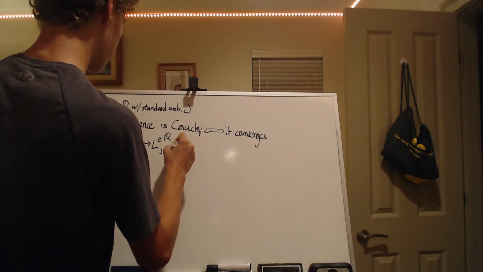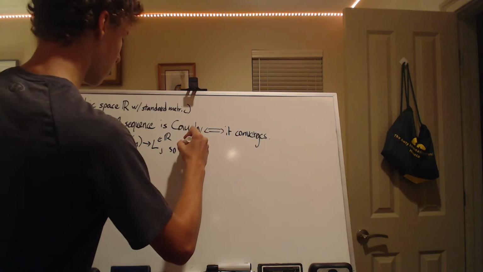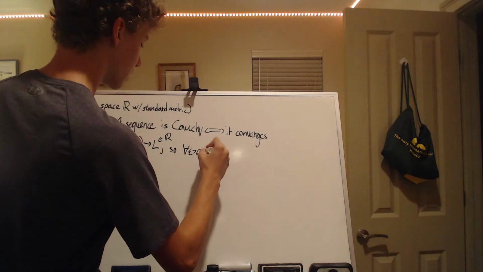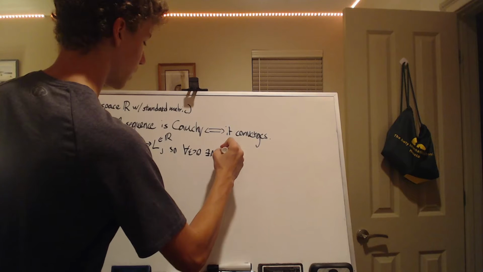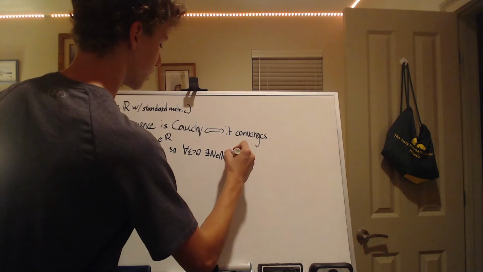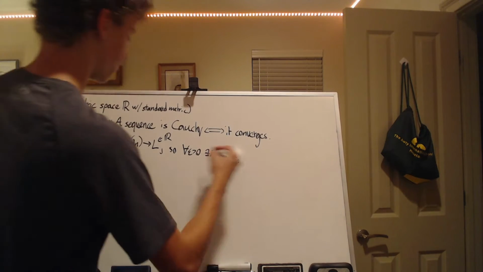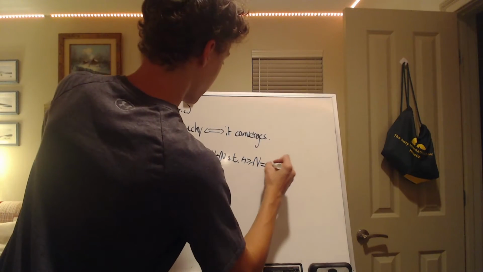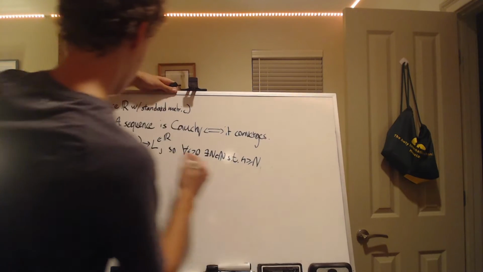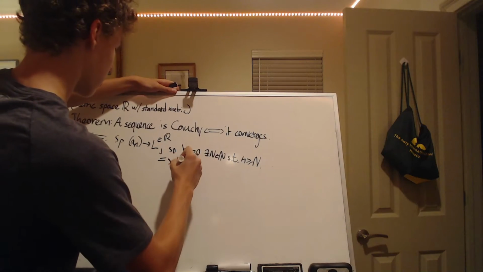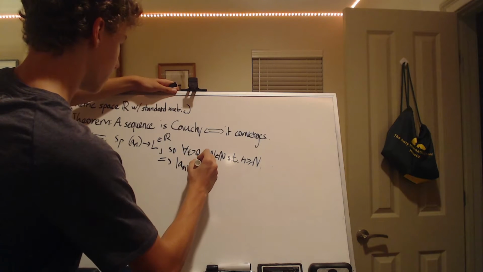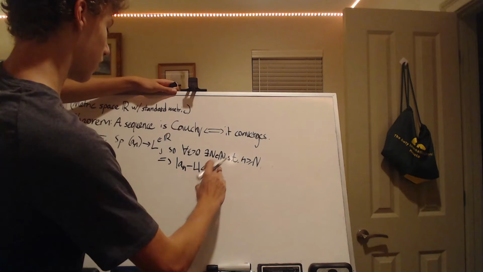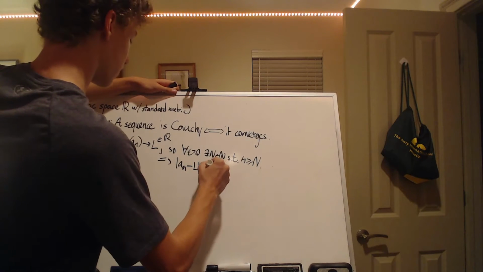So by definition, for all epsilon greater than 0, there exists a natural number capital N such that n greater than or equal to capital N implies that the distance between a sub n and L is less than epsilon. In preparation, we're actually going to use epsilon over 2.